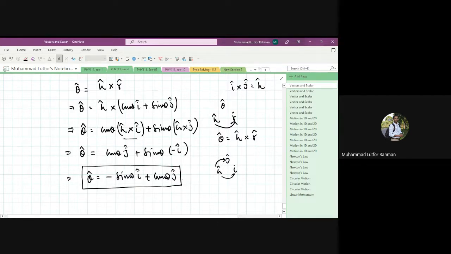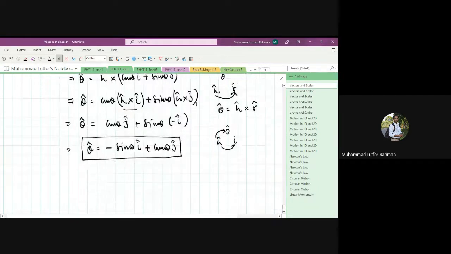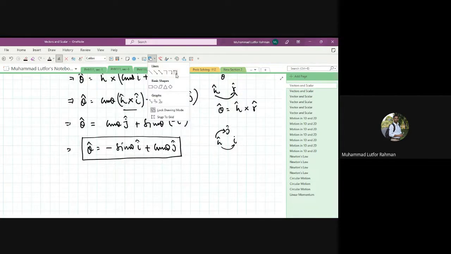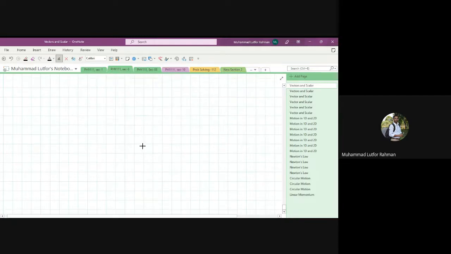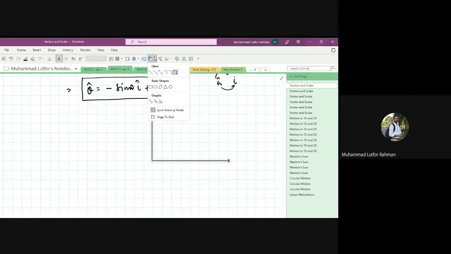You can do it another way actually, say the component method. So if I draw it for you, you can also do it. Say this is actually your vector.